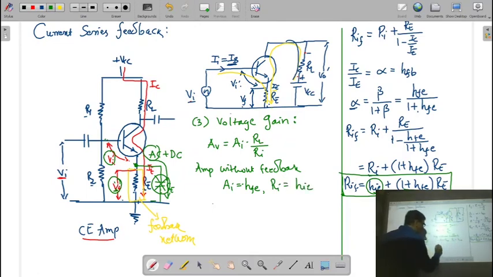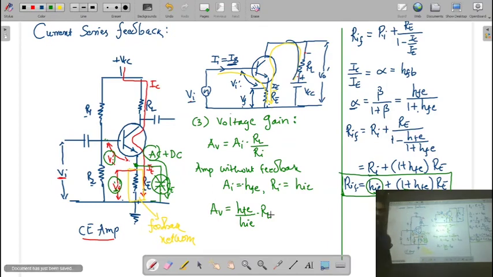So, without feedback, the gain of the amplifier is minus HFE upon HIE into RL. And this standard formula you have already learned when you did the H parameter analysis of the amplifier circuit. This is nothing new. Now we want to see that due to the feedback, what is the change in the voltage gain of the amplifier?